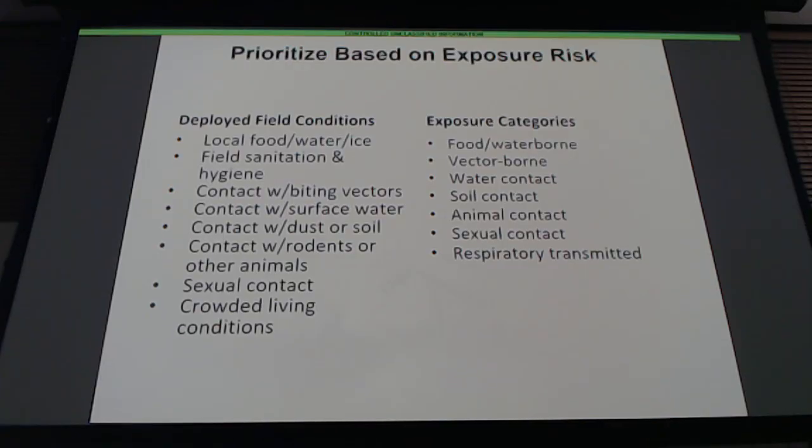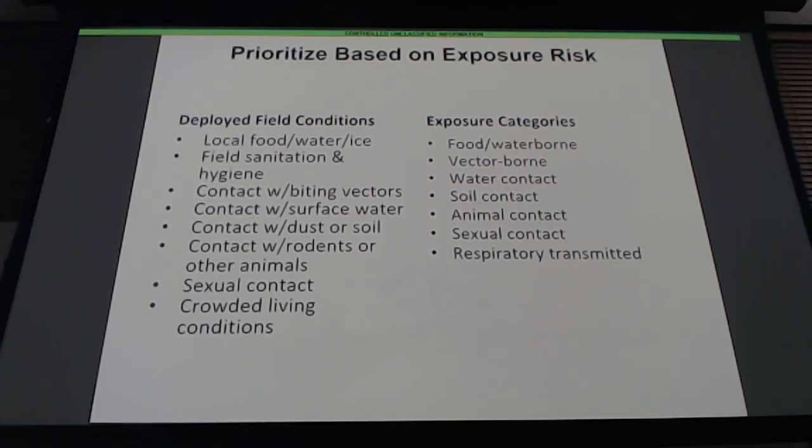We want to try to anticipate, predict, identify, surveillance, evaluation, prevention, control of disease, specifically the notable ones that are reportable, by doing all these things, by looking at the local food and water, by looking at your field hygiene. And field hygiene is usually what gets most people sick. It's as simple as washing your hands.